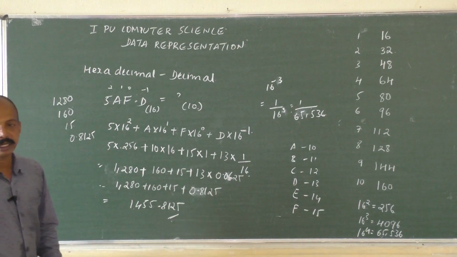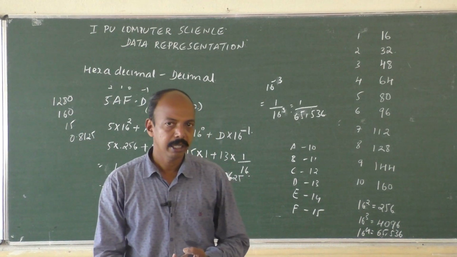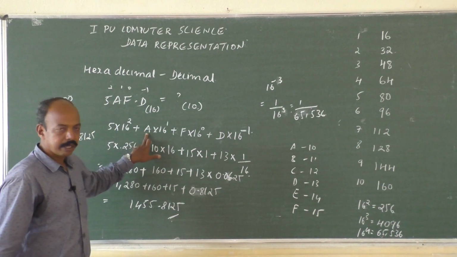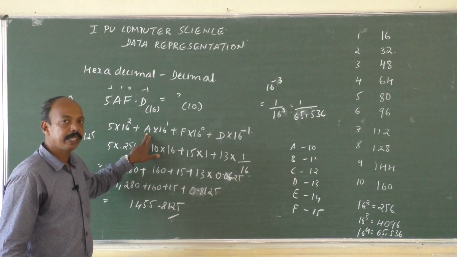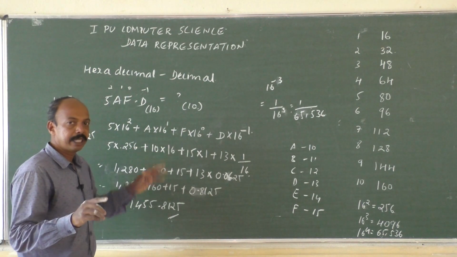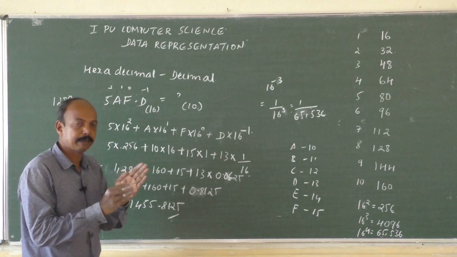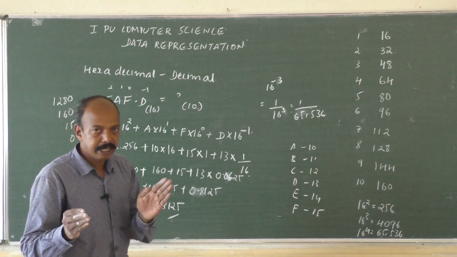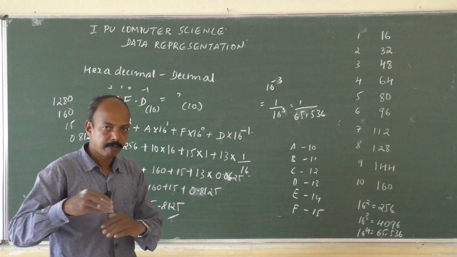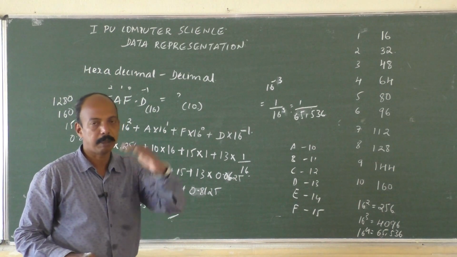So today we have seen the conversion of decimal to hexadecimal and hexadecimal to decimal. Only thing we have to remember is, when converting decimal to hexadecimal, we divide with respect to 16. If the remainder is 10 and above, write its equivalent A, B, C, D. Then from MSB to LSB, you write the numbers, that is bottom up.